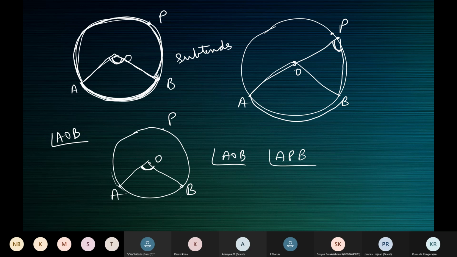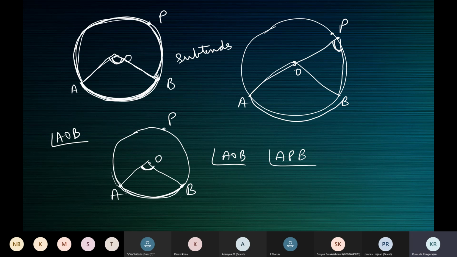Yes, ma'am. Other than the minor arc AB, the remaining part of the circle. This is the arc. This arc makes this angle at the center. Leave this arc. Other than this arc, this one is the remaining part of the circle.